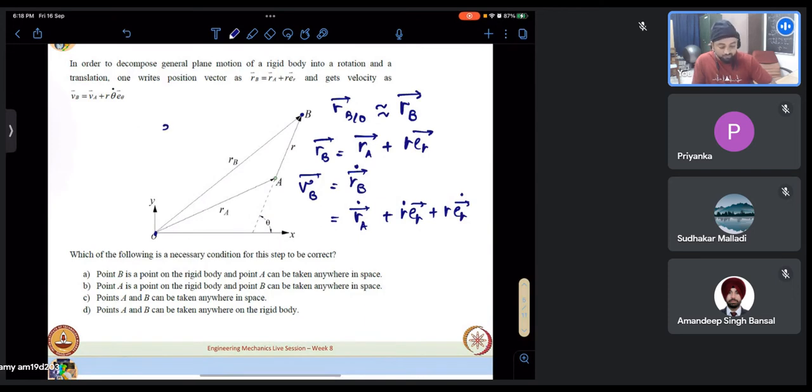Not to confuse, whenever we write E, the general convention is that it is considered to be a unit vector, similar to e cap. So not to be confused as some other vector altogether. It is a vector of magnitude 1.